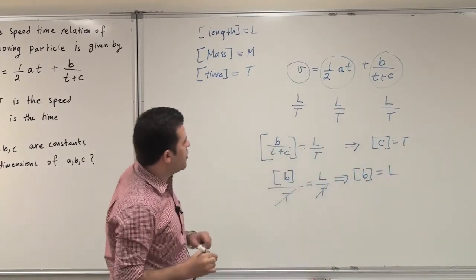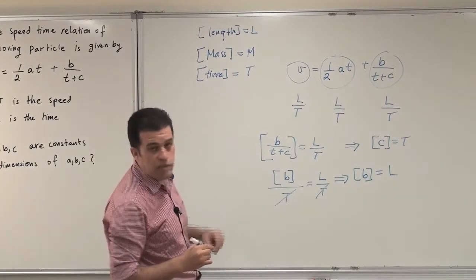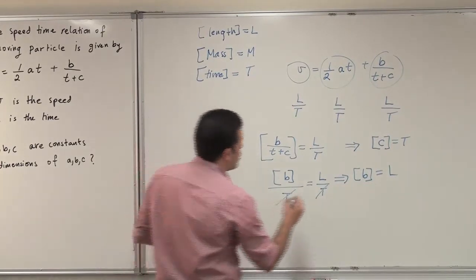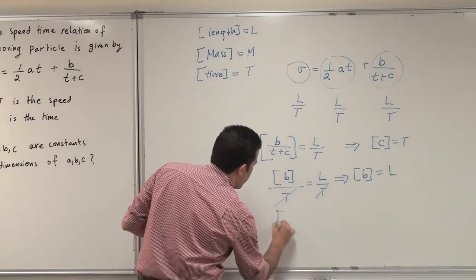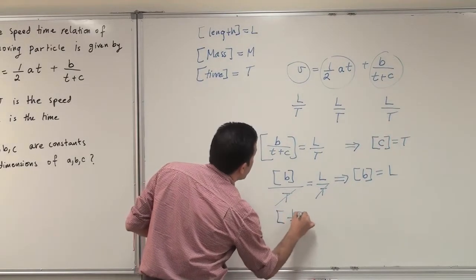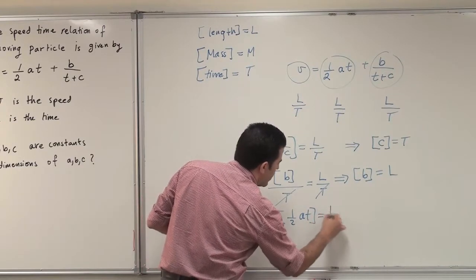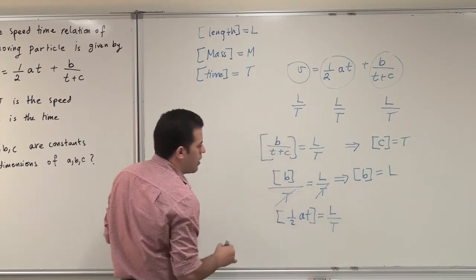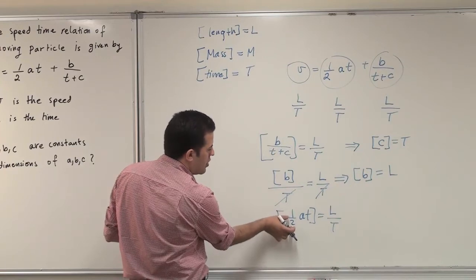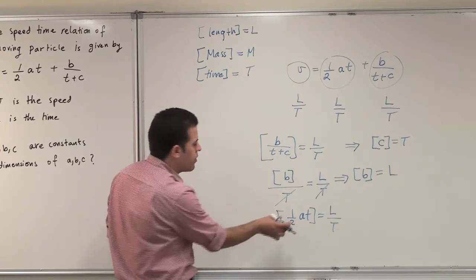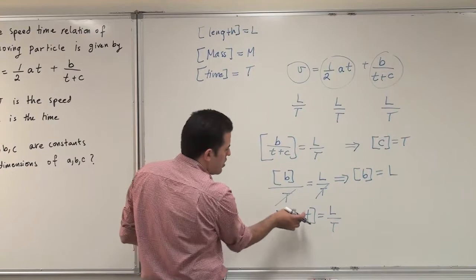Now the last constant I need to find is A. So the dimensions of half A T by itself should be given as L divided by time. And half is a number that is dimensionless, and A is the unknown.